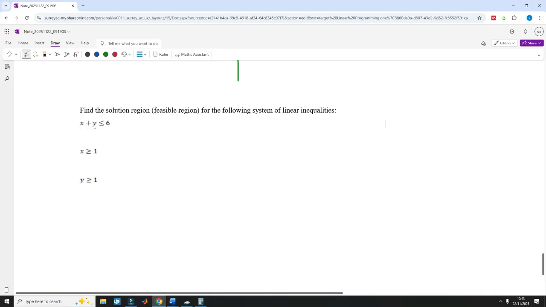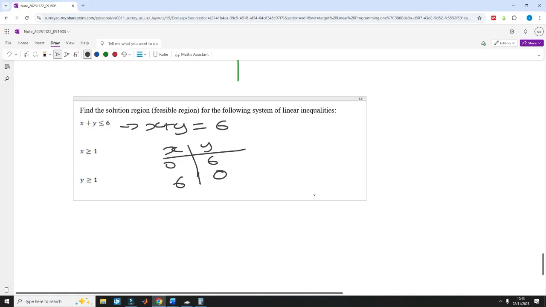So let's start. x plus y, so convert this into a linear equation: x plus y is equal to 6. Create the table, very simple. x is equal to 0, y is equal to 0. When x is equal to 0, y is equal to 6. When y is equal to 0, x is equal to 6. Let's plot this one first.